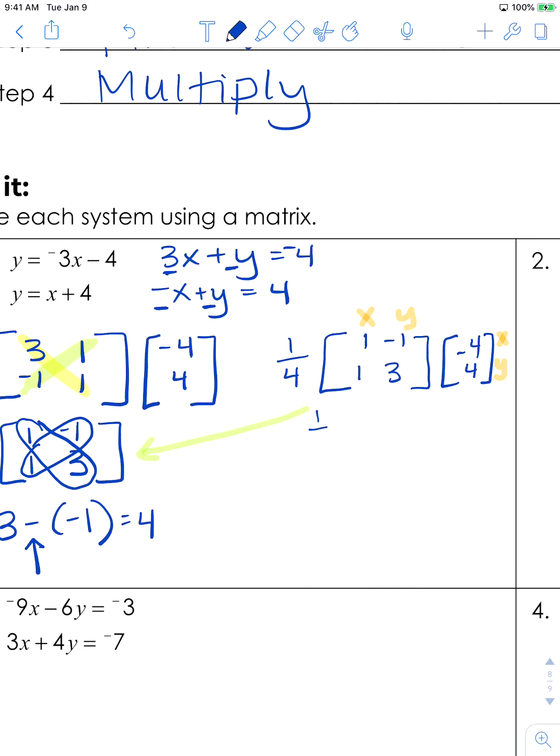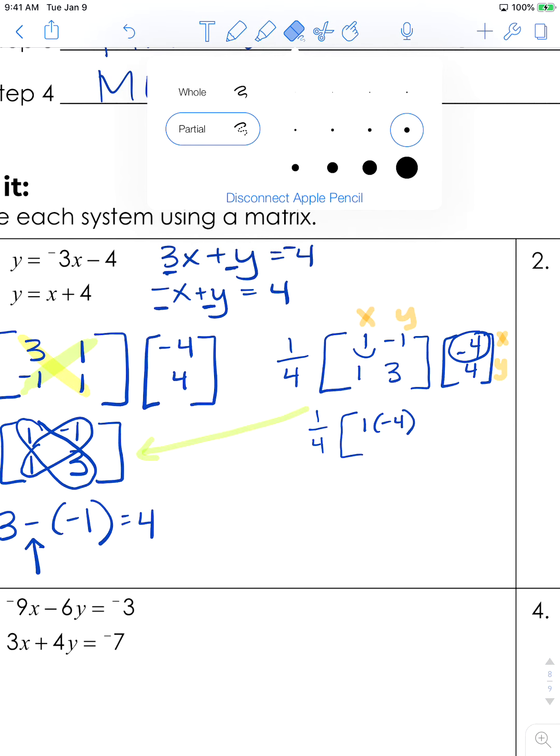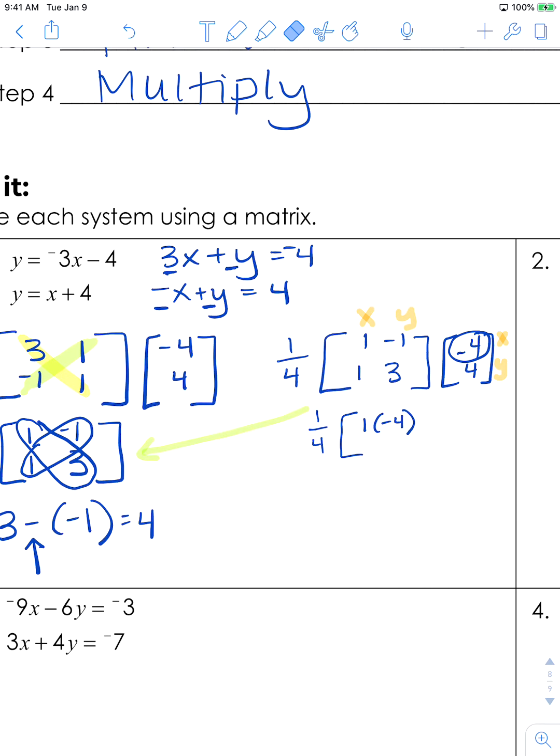So you're going to bring down your 1/4, and now you're going to multiply. So we're going to take 1 times negative 4, and then you're going to do negative 1 times 4.